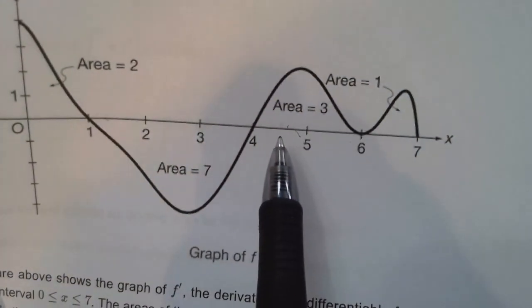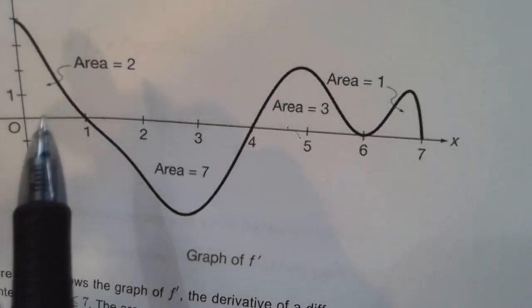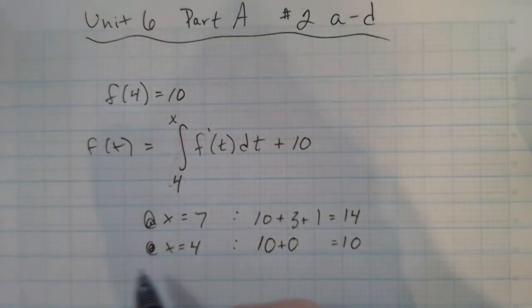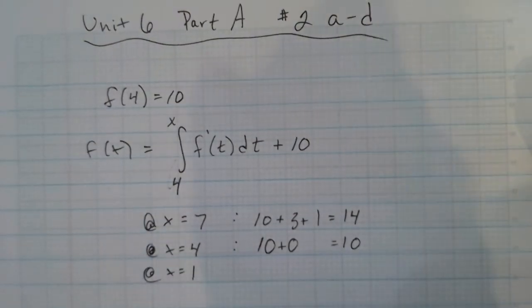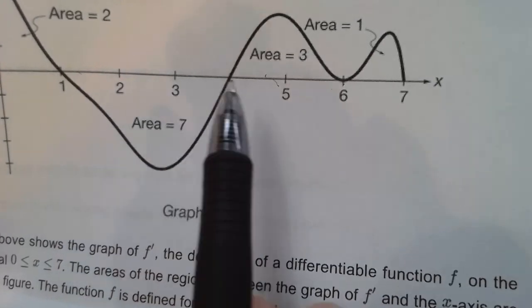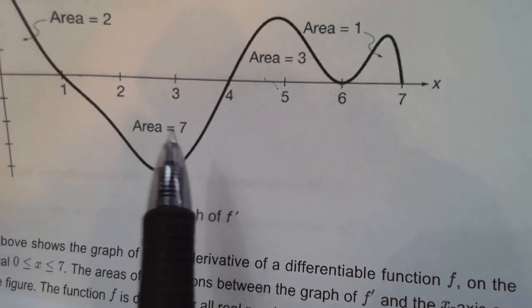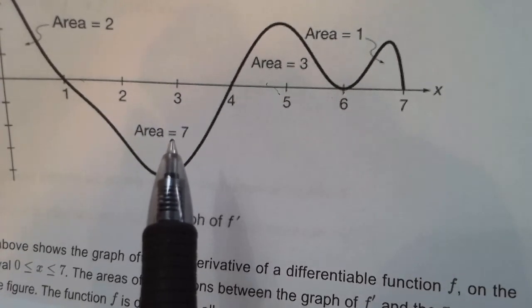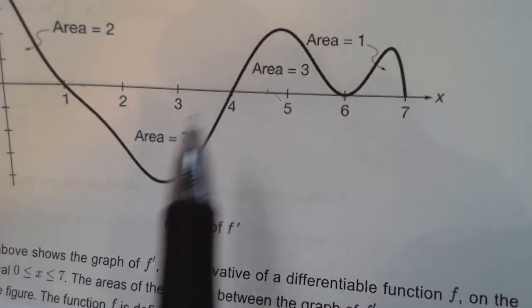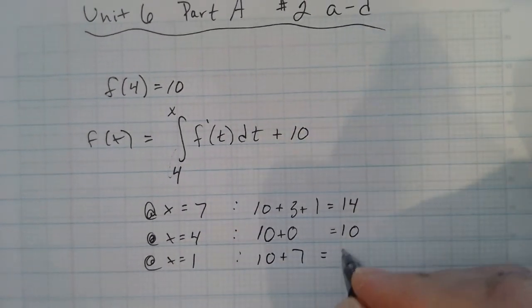If we went backwards, 4 to 1 is another significant critical point. So at x equals 1, we started at 10, and then we went backwards. We had 7, but since we're going backwards, we're actually adding area if it's below the x-axis. So 10 plus 7 gives you 17.